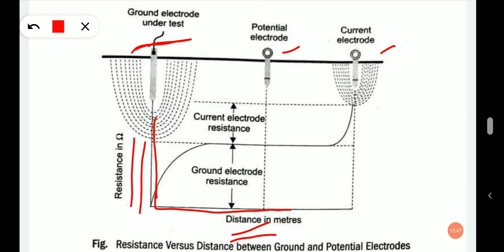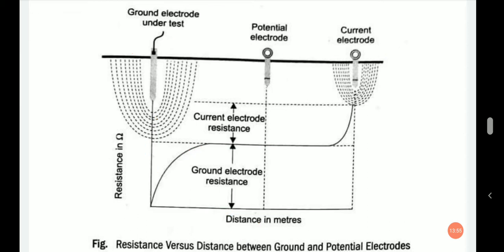So the ground resistance increases abruptly and attains a constant value when distance between ground and potential electrode is increased.